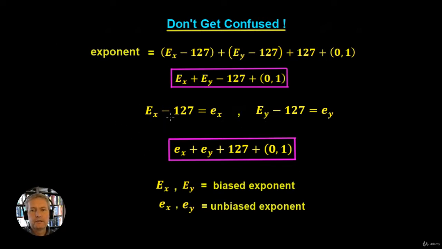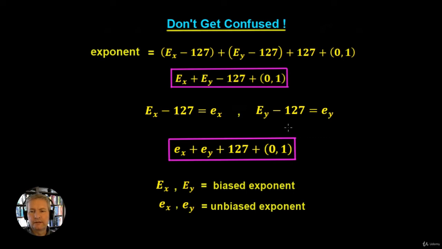So it means that we can relate the small ex with the big Ex via these equations. So the big Ex, that is the biased exponent, if we subtract off the 127 we get small ex, which is the unbiased, and the same for the y. So that means that we could rewrite this equation here as, well, if we look at the top one here, this one here is just the small ex, this one here is the small ey, and we've got the 127 and we've got our 0 and our 1.